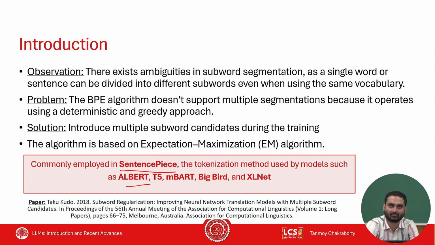What is the motivation here? If you remember the discussion that we had today, BPE and WordPiece both produce a single type of segmentation for a specific word. For a given word, you have only one type of segmentation. But in the real world, it may not be the case. A word can be segmented in multiple ways.